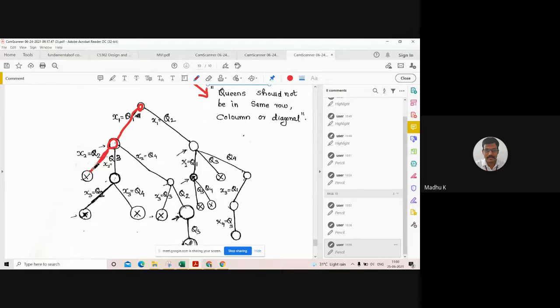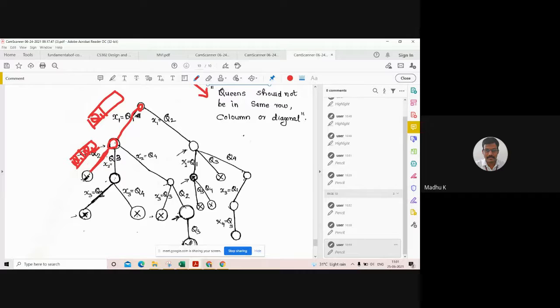Next, what I have done is write it in this way. This is the solution vector. Here I placed q1. Next, on the next position I will place q2.